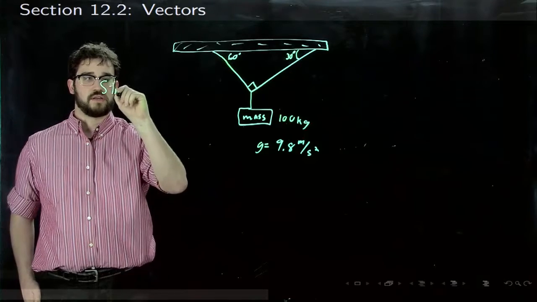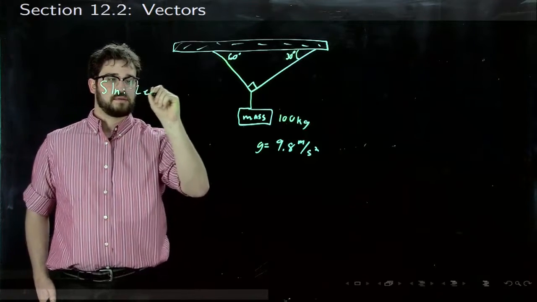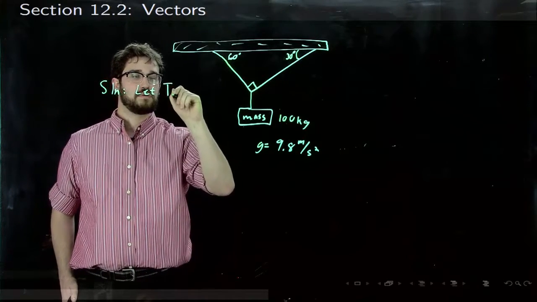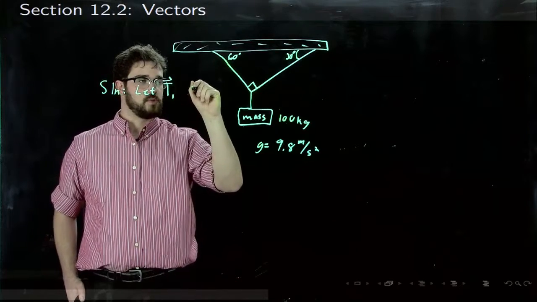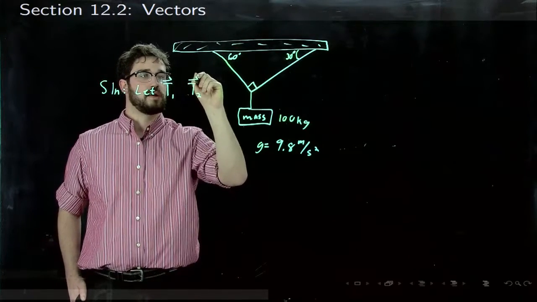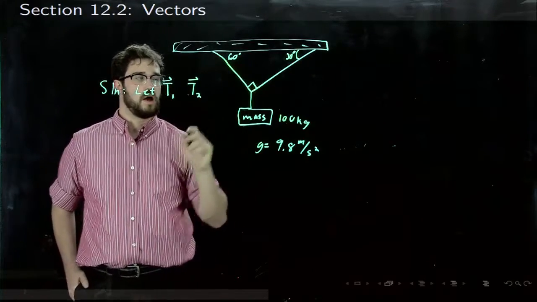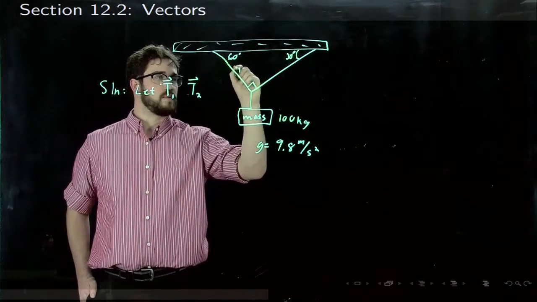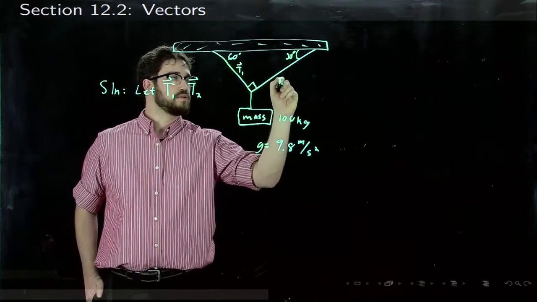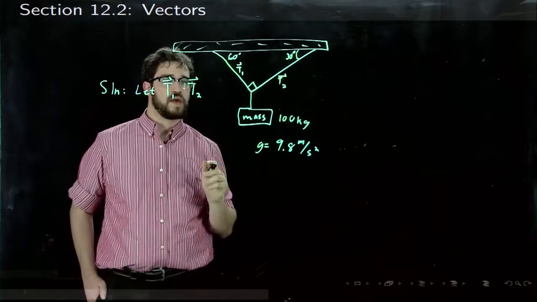So the solution would be let T1 be a vector as well as T2 be a vector. And we'll denote these to be the tension in each of our wires that we have here, T1, T2. Okay.